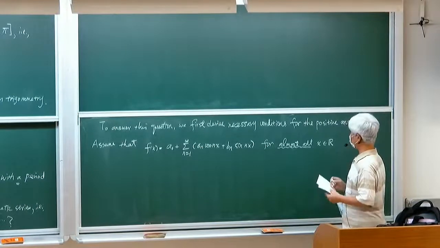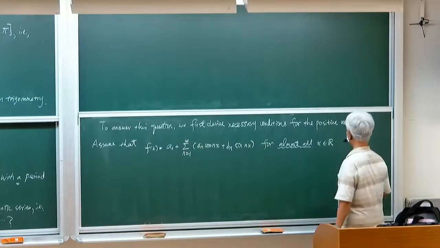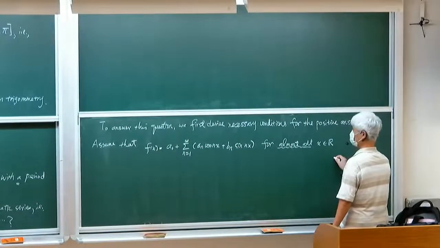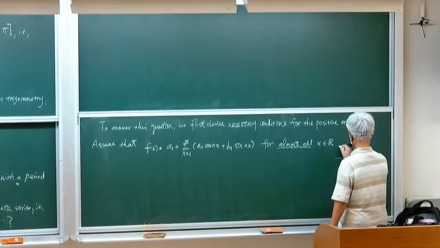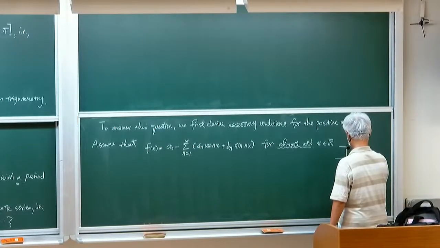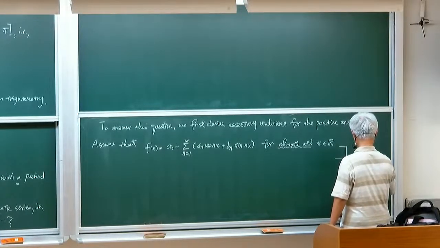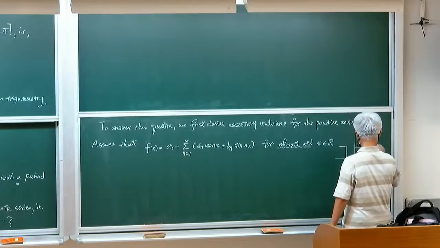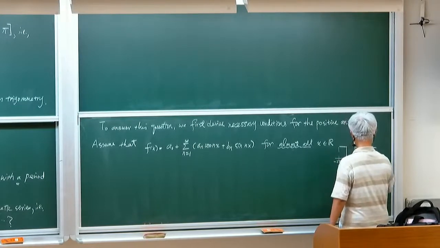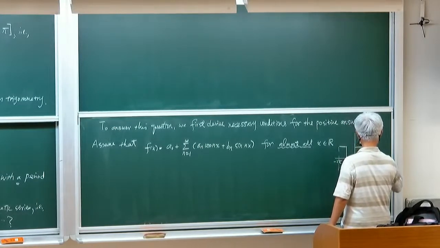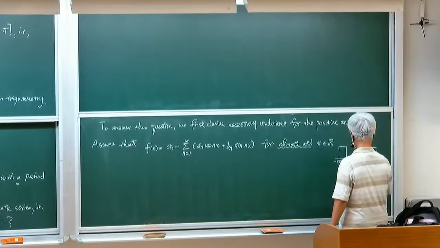So, for example, in a famous example, this is minus pi, minus 2 pi, pi, 2 pi, 3 pi, etc., with values 1 and minus 1.